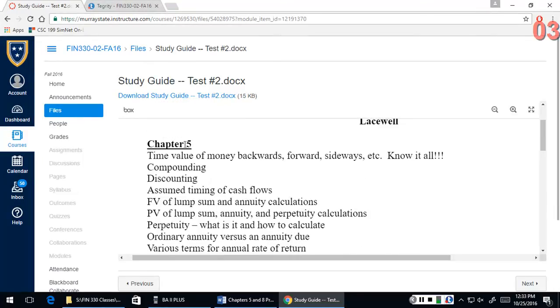And so, for example, chapter 5 was time value of money. So that's using your financial calculator, calculating future value, present value, single dollar amounts or lump sums, annuities, annuity dues, which is the beginning of period payments, ordinary annuities, which is the end of period payments. And so that's what all of this covers. I mean, just everything in chapter 5 that we talked about.